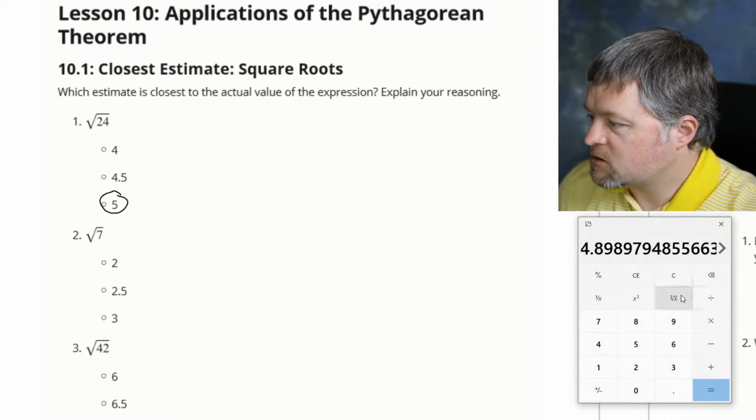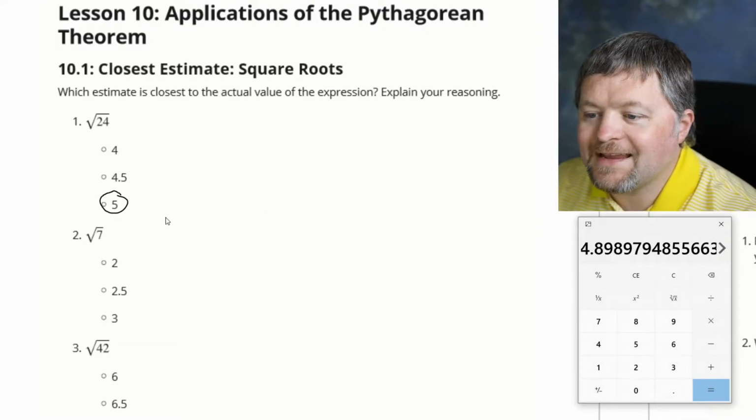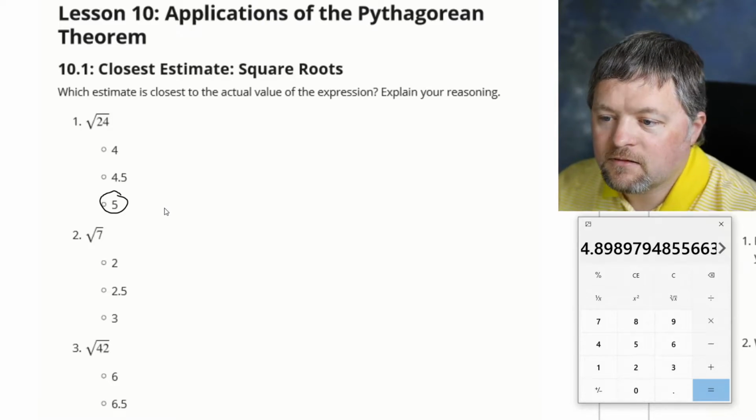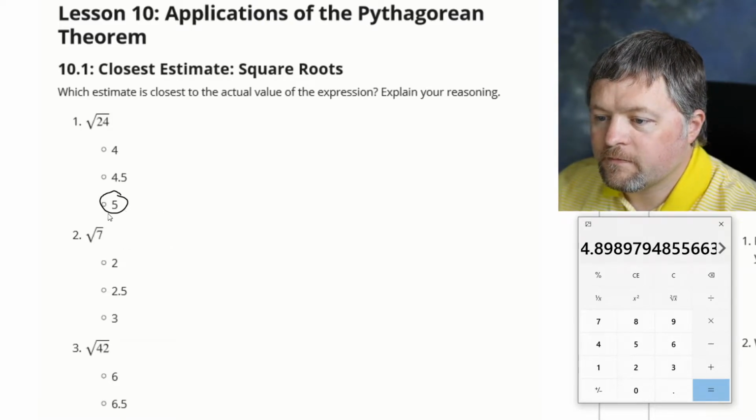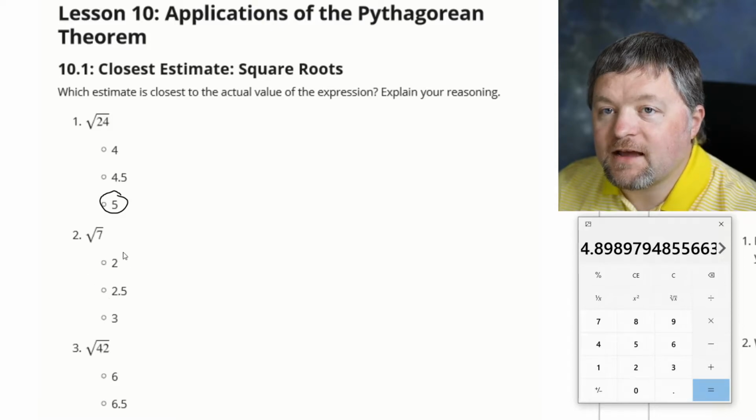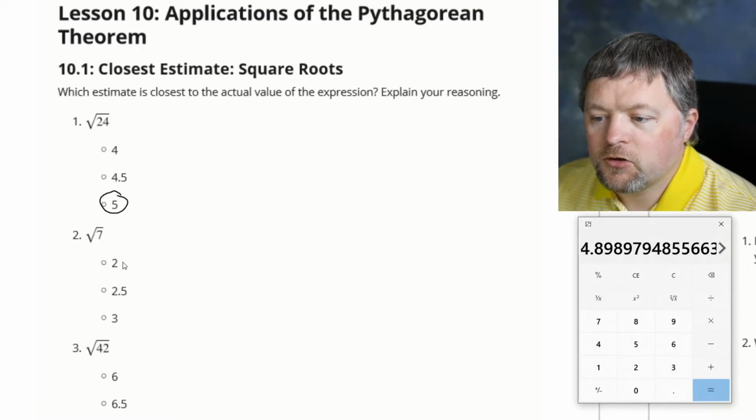Square root of 24 is 4.89. Square root of 7. 2 squared is 4. 3 squared is 9. 7 is closer to 9 than it is to 4.